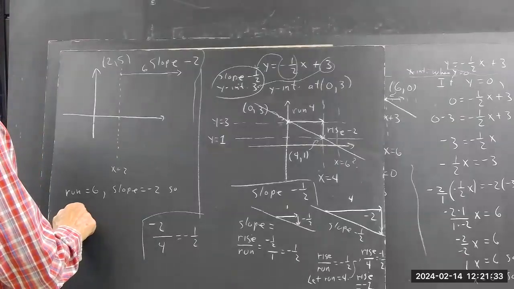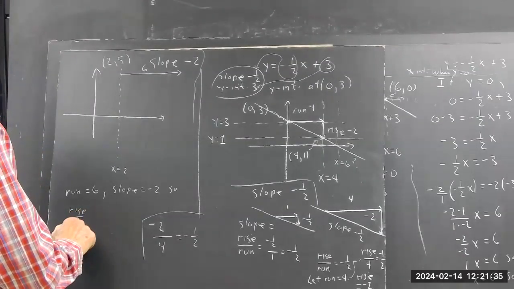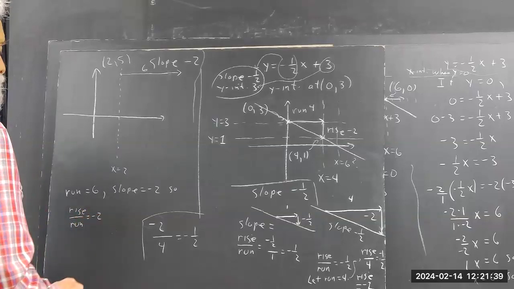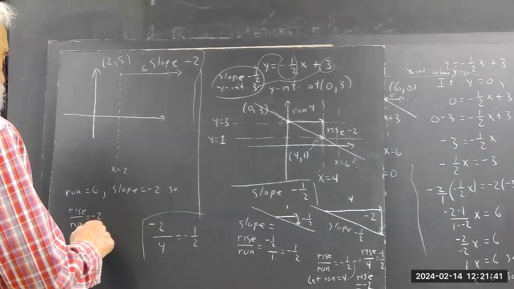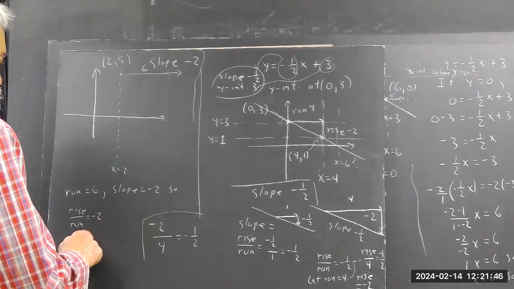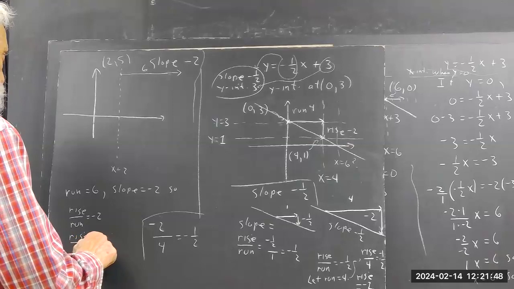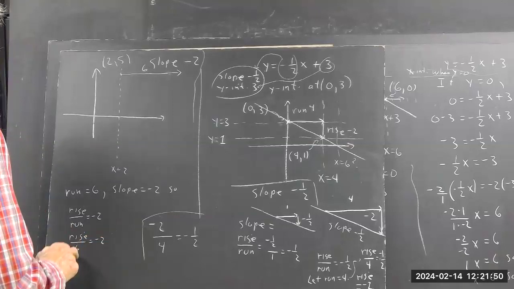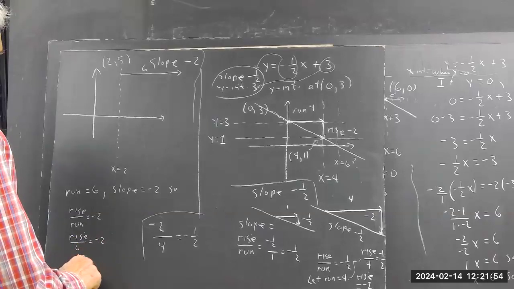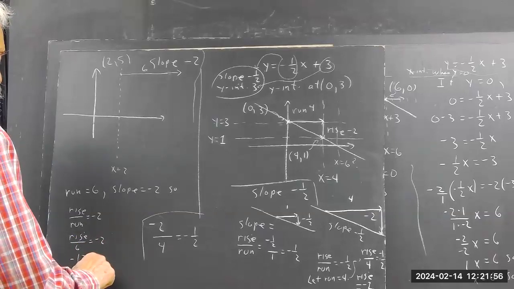So rise over run equals -2. Rise over 6 equals -2. What number do you divide by 6 to get -2? Well, you came up with this number, -12 over 6 equals -2.